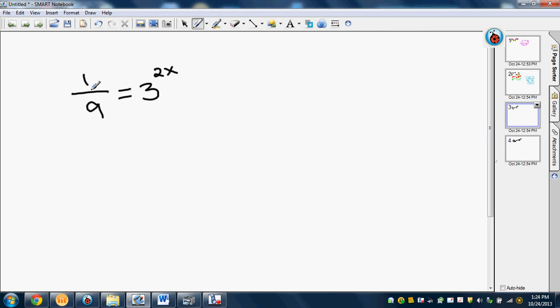There are also going to be times where you're going to see a fraction. So what we can do here is we know that 1 over 9 is the same thing as 1 over 3 squared. We also know that if we make this 3 to the power of negative 2, they all mean the same thing.